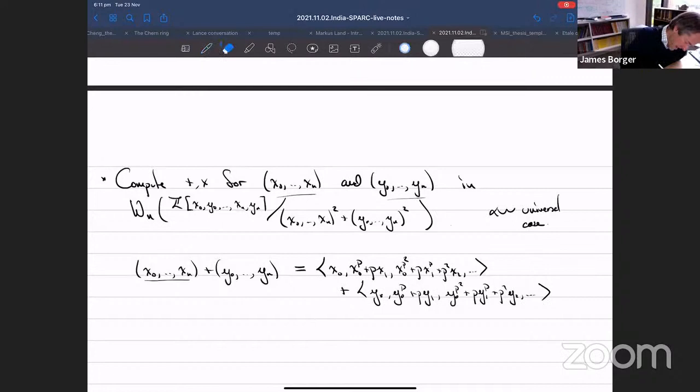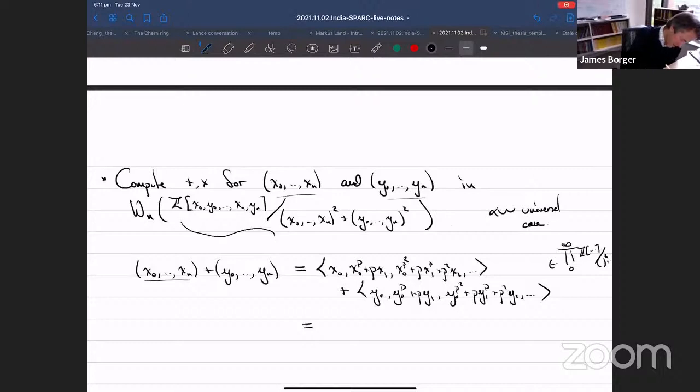So we have that, and now we use the fact that all these x's are square zero. This is taking place in this infinite product of Z modulo that ring there.